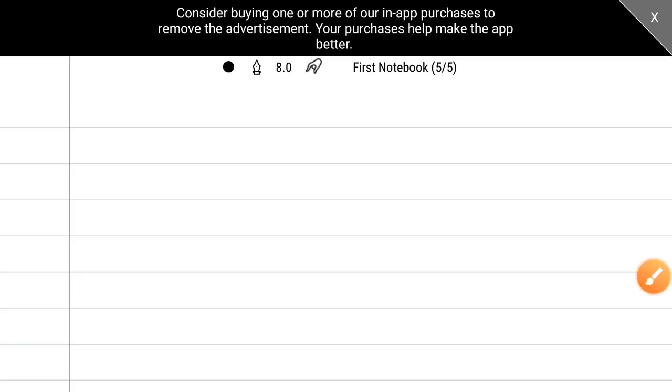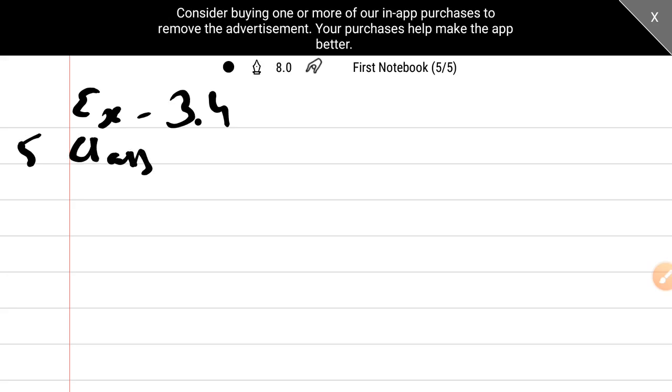Okay, now let us do the fifth sum of exercise 3.4. The heading is expense. I am writing class. So classes are given like this: less than 200.